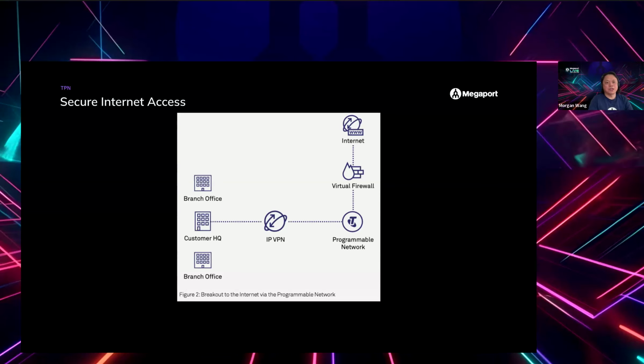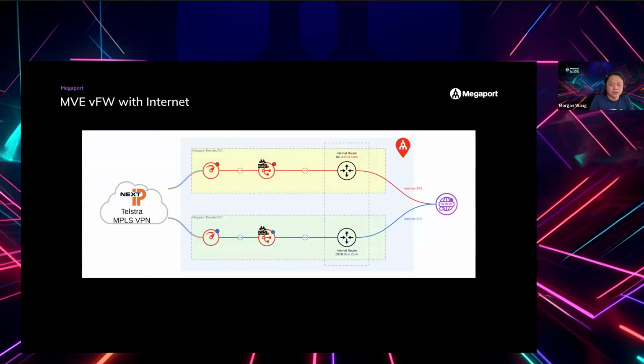And if you happen to use TPN as secure internet access and need to find a replacement solution for that, Megaport can actually do exactly the same thing, if not even better.